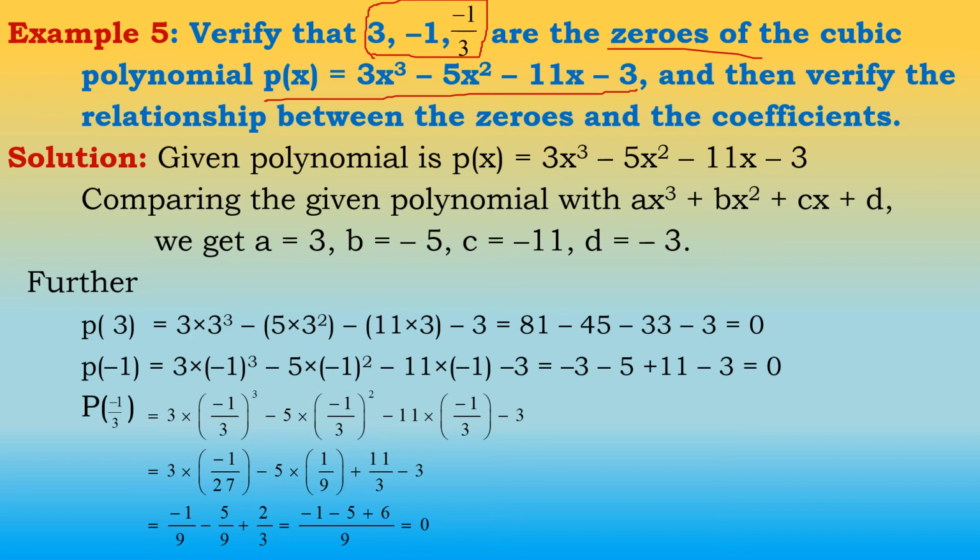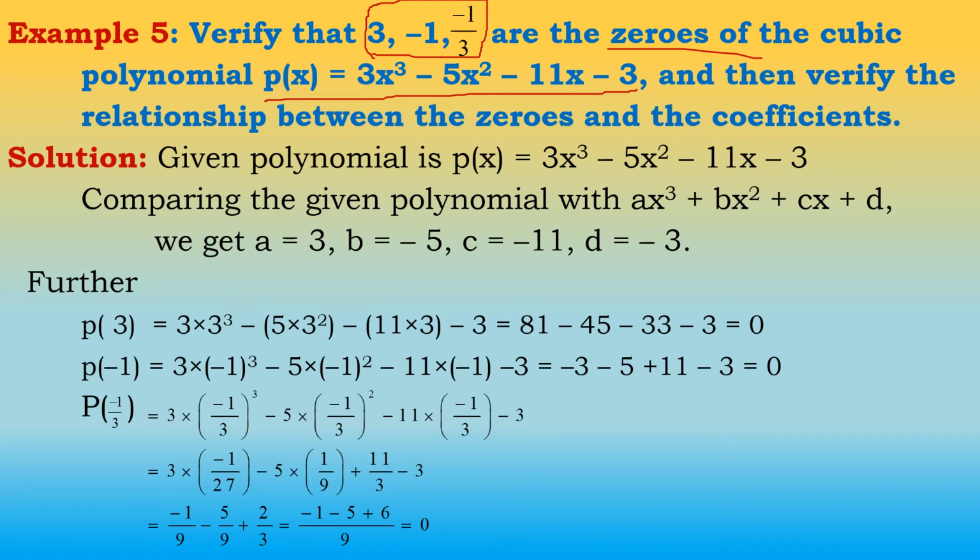A simple technique we know: just replace x with 3 and simplify. If we get the answer 0, then we say that it is a zero of the polynomial. In class 9th, we have seen finding zeros of a polynomial.